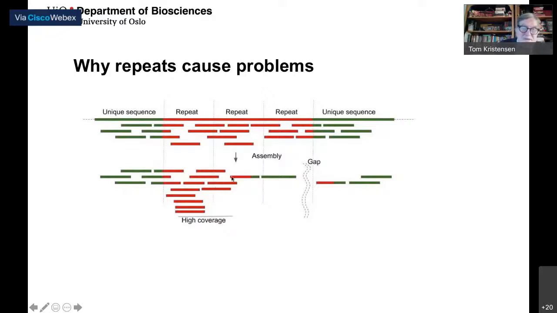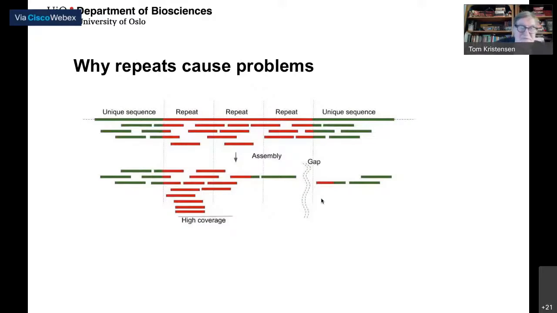And this will also lead to gaps in the assembly because this region here cannot easily be assembled with the region here. So instead of getting 1 circular complete genome sequence, we will get a number of fragments, so-called contigs. And we will, at least in the first round, not really know how these contigs are related to each other, which ones are the neighbors of which ones and so on.